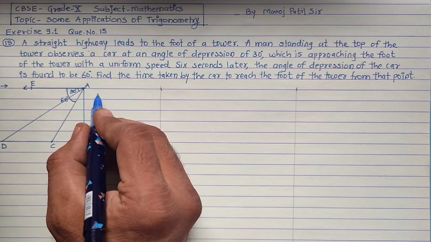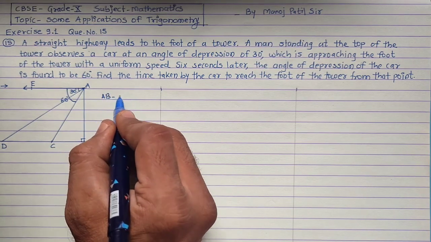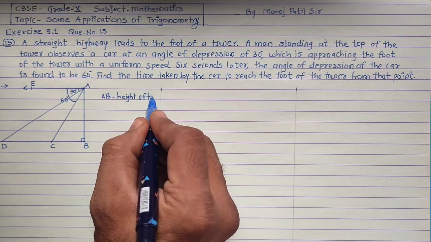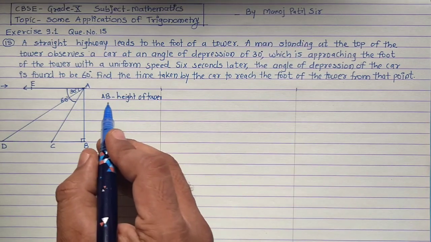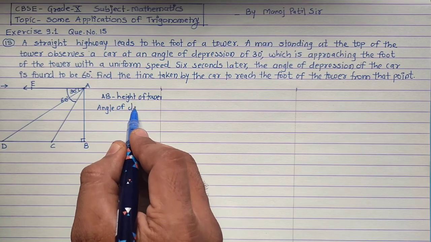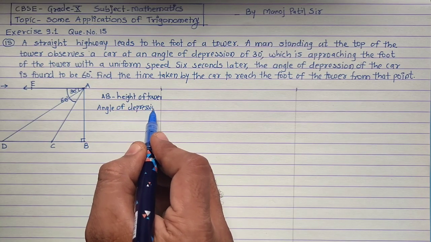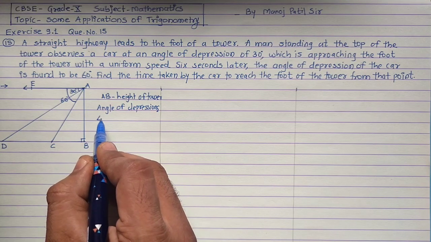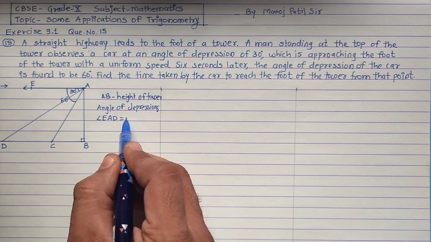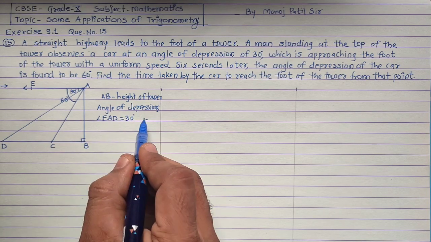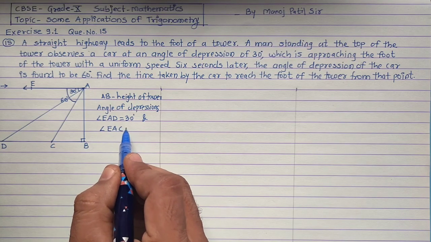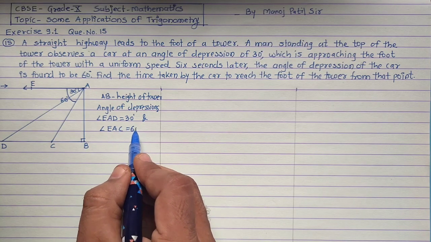Here AB is the height of the tower. The angles of depression are given here, that is, angle EAD is equal to 30 degrees and angle EAC is equal to 60 degrees.